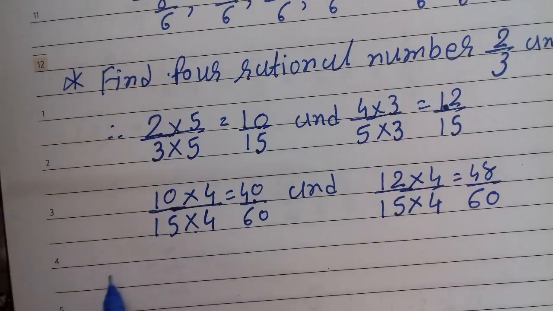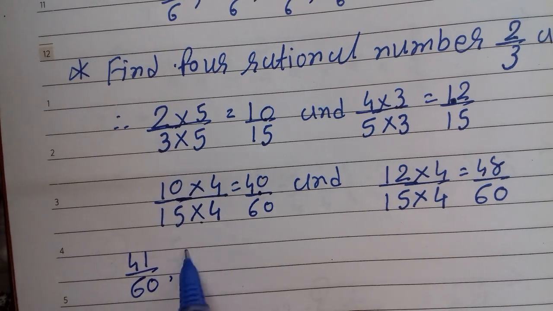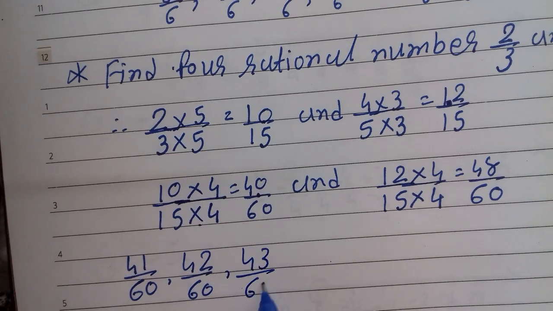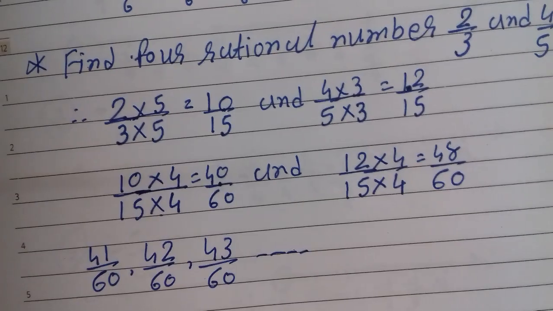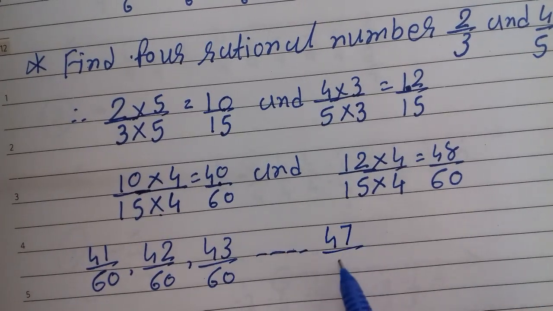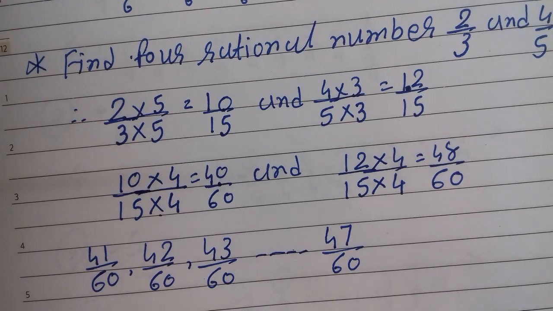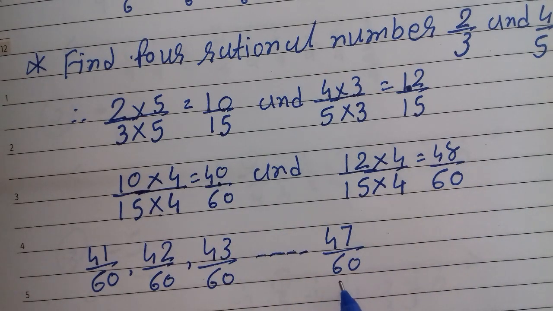Therefore 41/60, 42/60, 43/60 up to 47/60 are the rational numbers between 40/60 and 48/60. We take any 4 of these rational numbers.